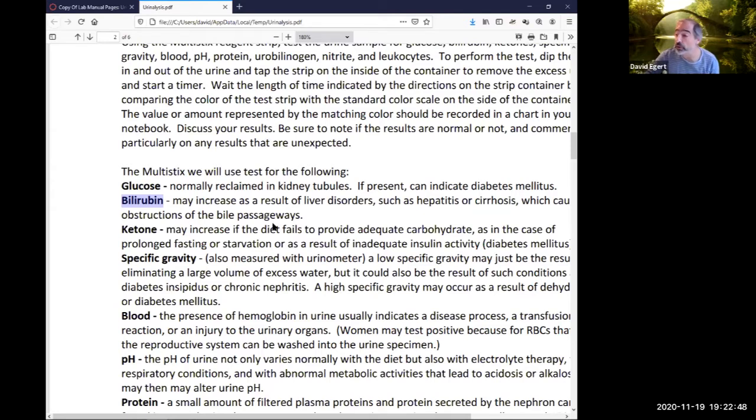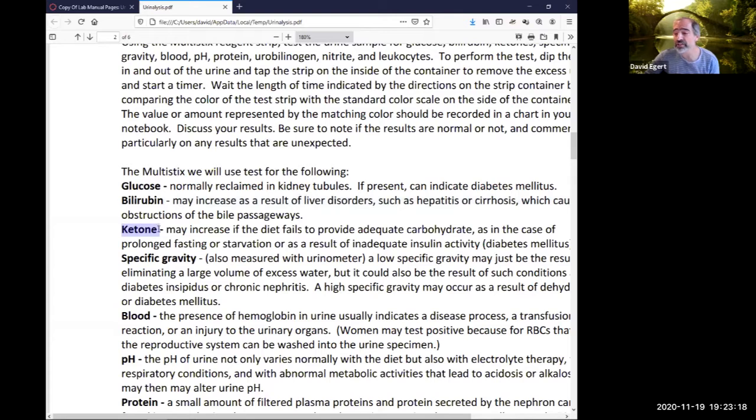But if you have liver problems, it can get spilled into your blood, and it then ends up in the urine, and like in hepatitis, you get bilirubin spilling out. Anything that kind of messes with your liver can cause leakage of bilirubin. So you want to be aware if that's showing up or not.